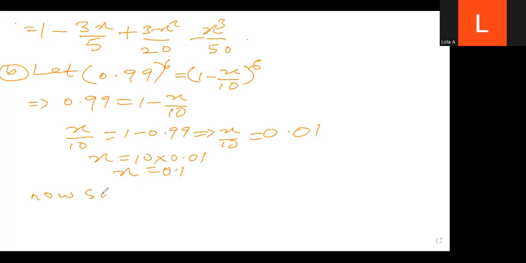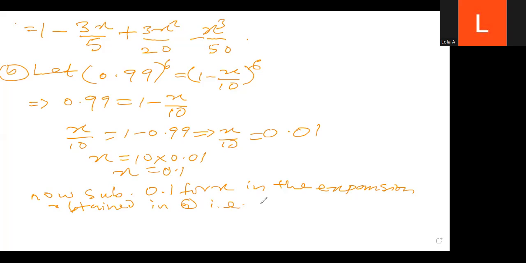Now, substitute 0.1 for x in the expansion obtained in A. That is in 1 minus 3x over 5 plus 3x squared over 20 minus x cubed over 50.